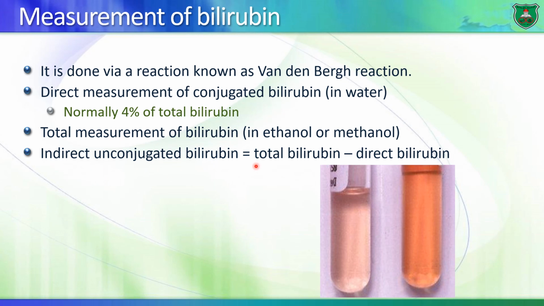Simply you follow this formula right here. Total bilirubin measured from the organic solvents minus direct bilirubin, which is measured from the water-based reaction.